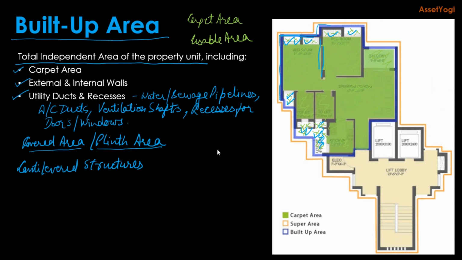And what are cantilevered structures? Let's say there is a building here and there is a balcony like this, and this balcony is not supported from the ground and this is supported from the cantilever here. Then such structures are not covered under plinth area or covered area, whereas these structures are covered under built-up area.